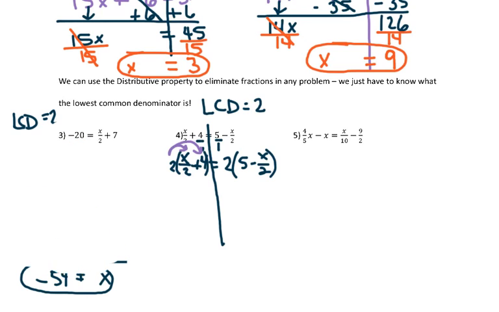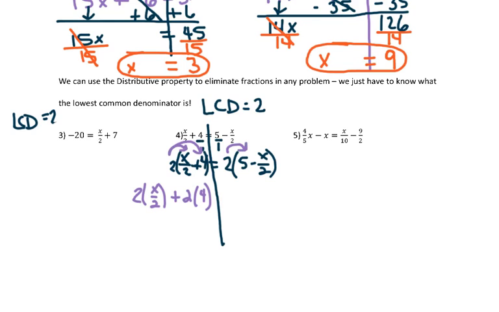Alright, so if I distribute that 2, I'm going to have 2 times x over 2 plus 2 times 4. On the right-hand side, I'm going to distribute the 2 to both parts of the parentheses. So I have 2 times 5 minus 2 times x over 2.